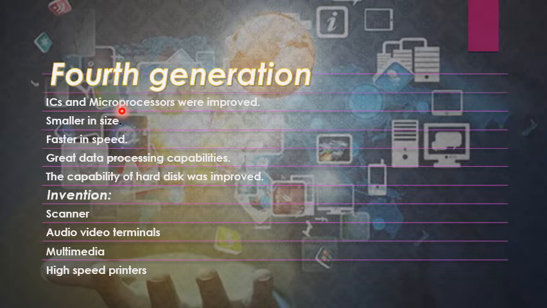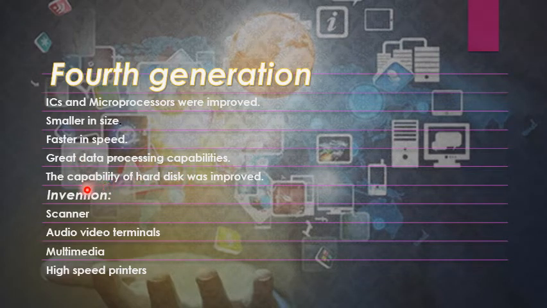As I told you, as computers go through changes or generations, their size becomes smaller, their speed becomes faster, and capabilities are improved. The capability of the hard disk was improved. A hard disk is something which can store data and makes the memory due to which our computer stores the data. It is because of the hard disk actually.